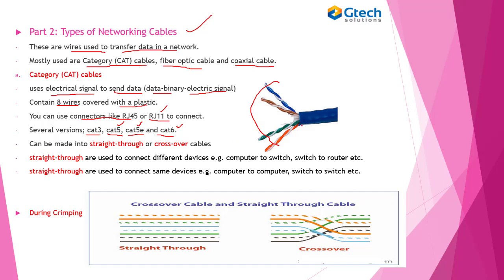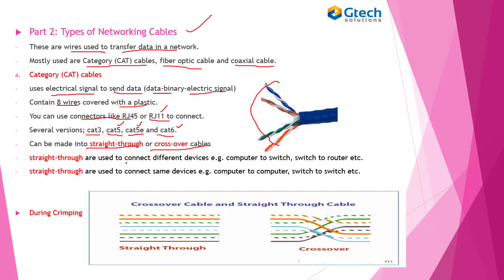When we want to crimp the cable and include RJ45 so that we can connect to our computers in a network, we can crimp it as a straight through cable or a crossover cable.